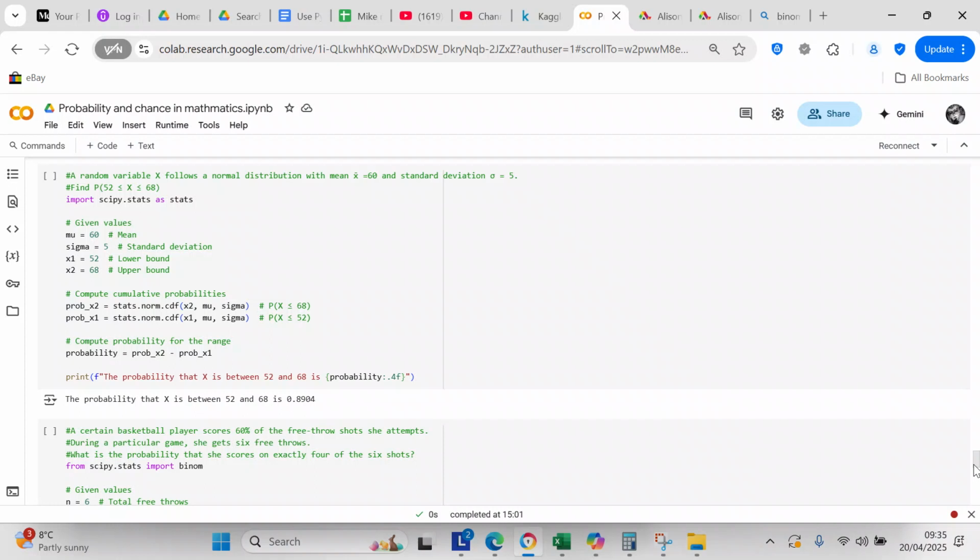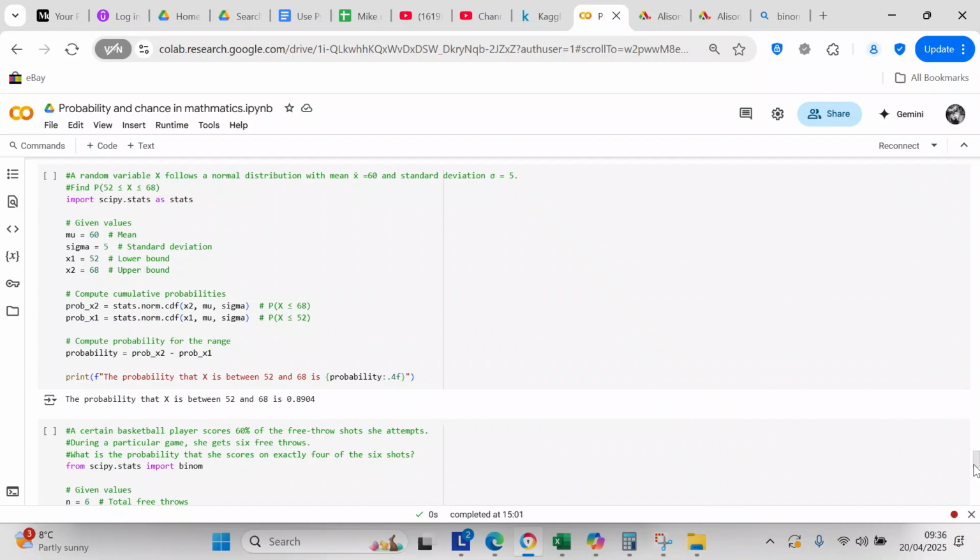So import scipy.stats as stats. We have our given values: the mean, or mu, is 60. The standard deviation, or sigma, is 5. The lower bound, or x1, is 52, and the upper bound, x2, is 68. So we compute the cumulative probabilities.